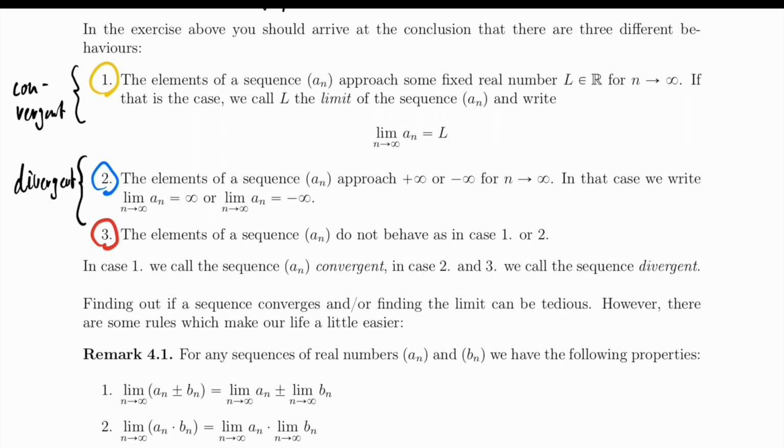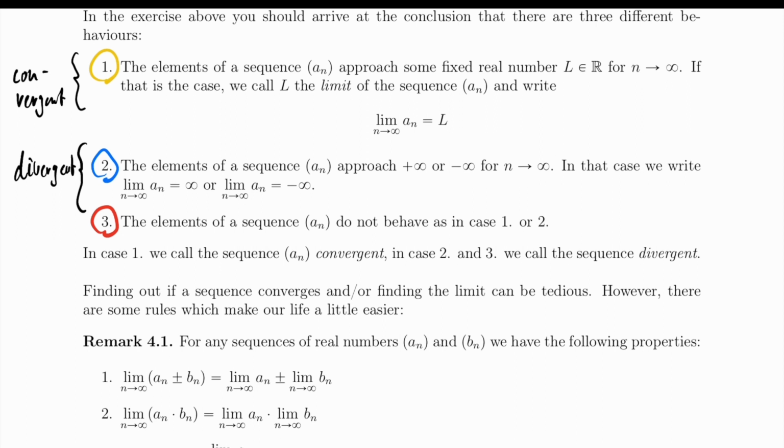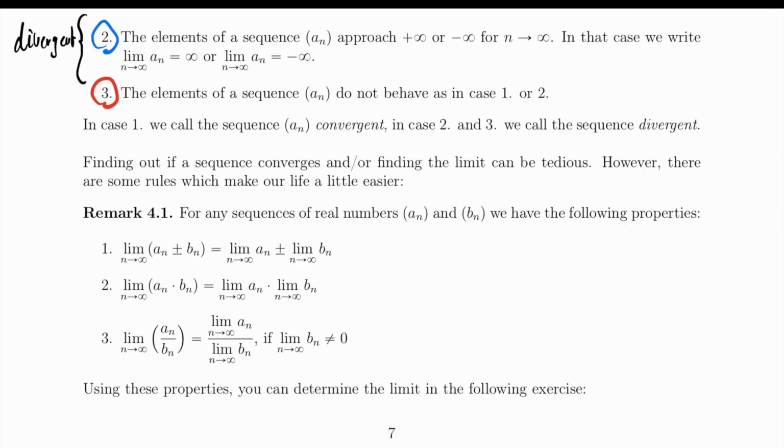So whenever we talk of a convergent sequence, then this sequence approaches some fixed number. When we talk of a divergent sequence, it doesn't do that. It could approach infinity, could approach negative infinity, could flick back and forth between 2 or multiple values. That depends on the case, but in any case, you would still call this divergent.